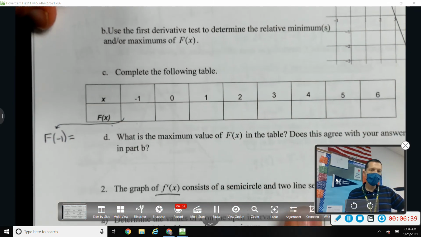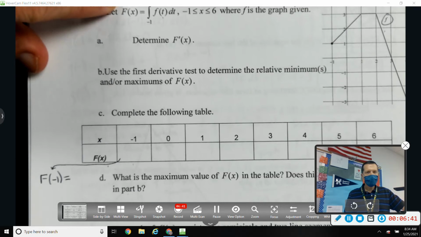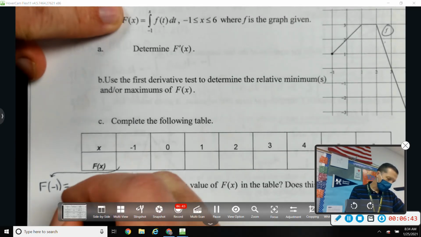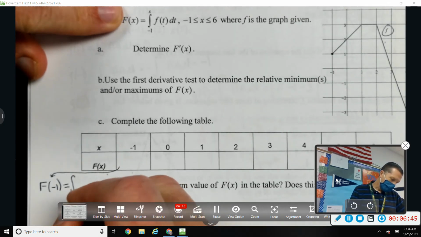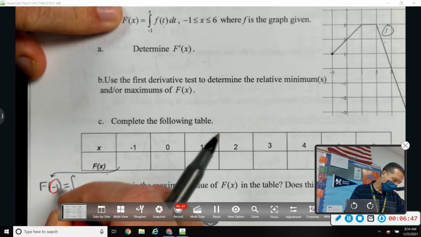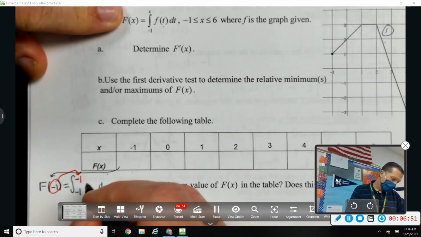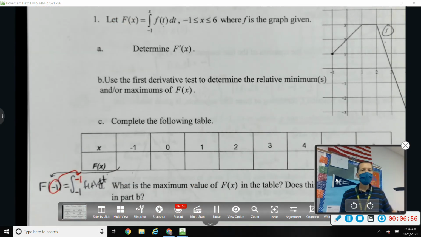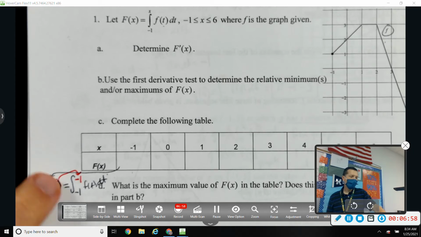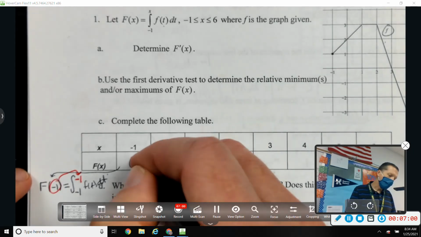I look back up at how F is defined. It's defined as the integral from -1 to whatever this value is under that curve. Well, that's an easy one, because -1 to -1 would just be 0.